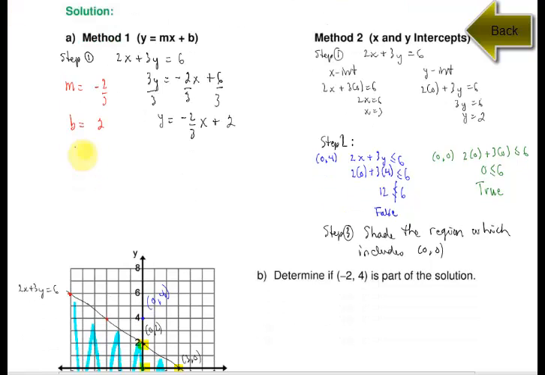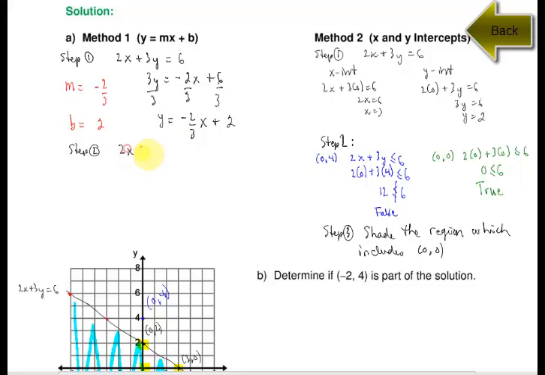So step 2 on method 1 says to solve the inequality for y. Now we've already solved our equality for y, so solving our inequality for y would go through the same steps, and I would do them both at the same time, but just for illustrating as an example, I'm going to do them separately.